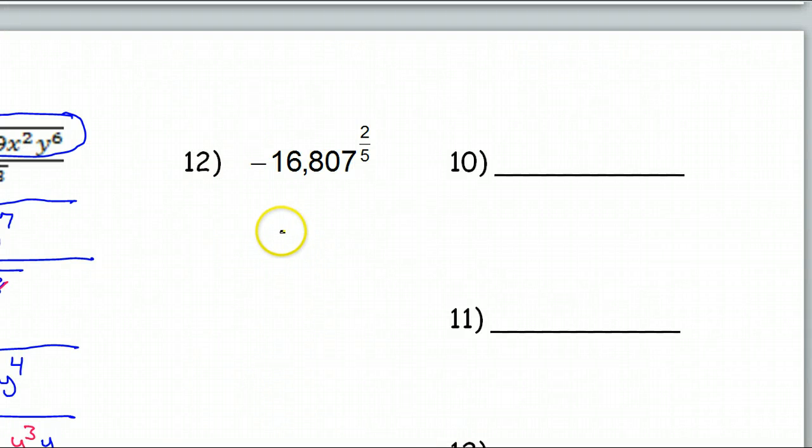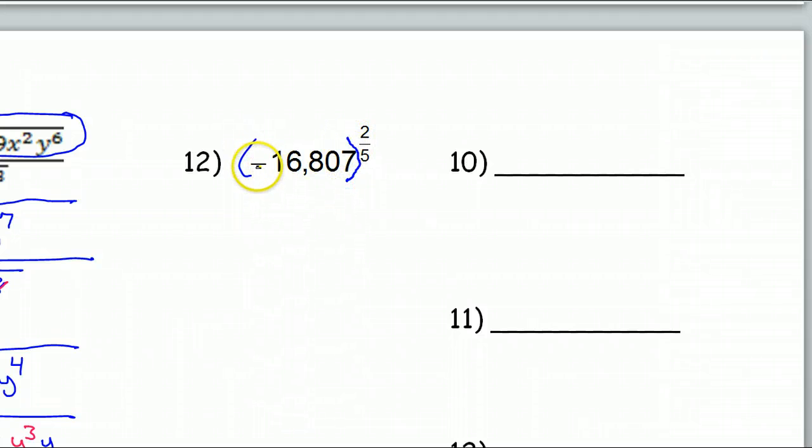Number 12, please watch very, very carefully. This is one of those ones that half the class tends to get wrong. And the mistake that students make has to do with this negative sign. Notice that the negative sign is not included in parentheses. Okay?